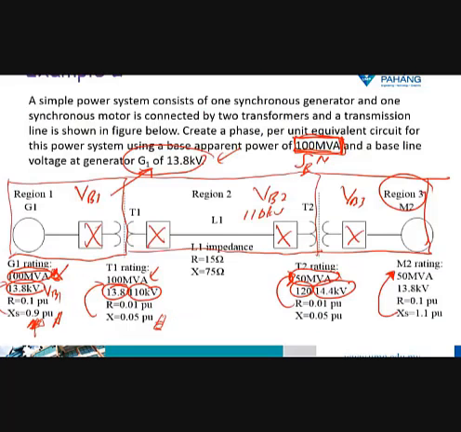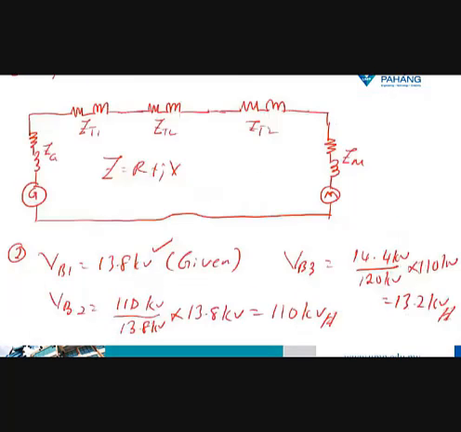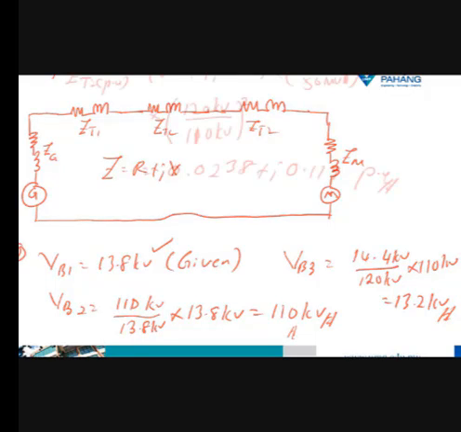For the voltage, which side do you want to refer to, primary or secondary? Primary, though you can also use the secondary. If we use the primary, 120 kV, over which V base? V base 2, which is 110 kV. Yes, correct.